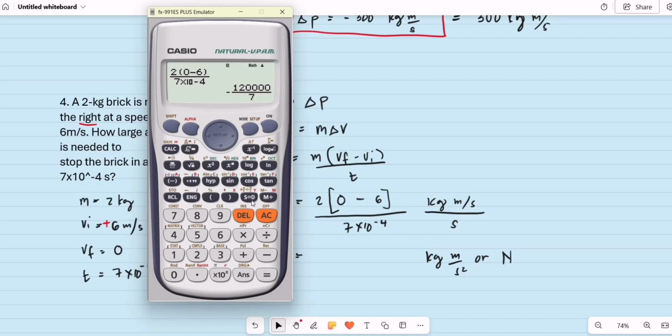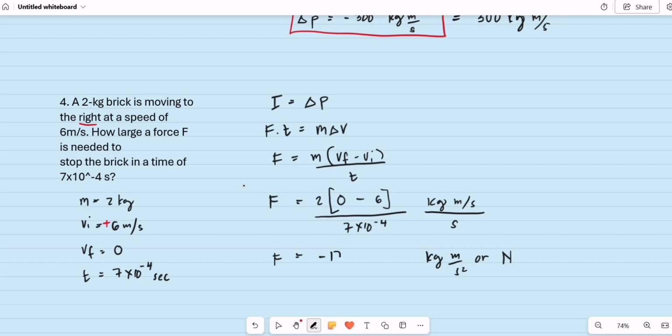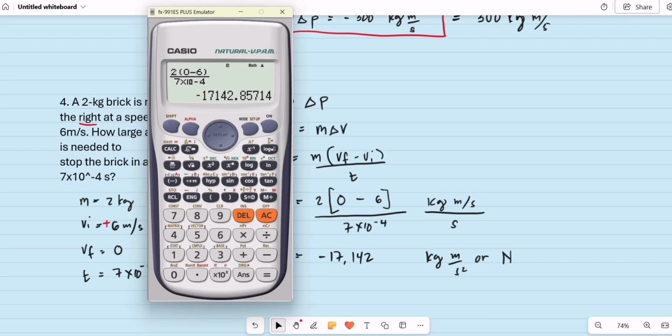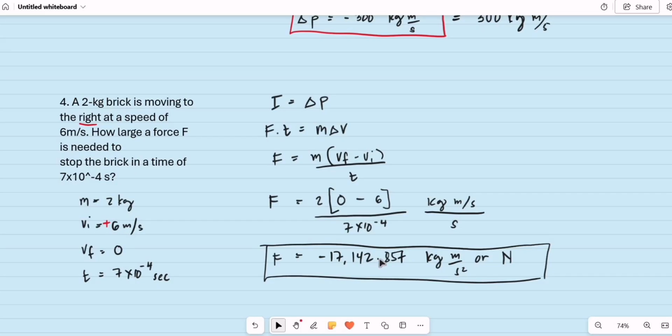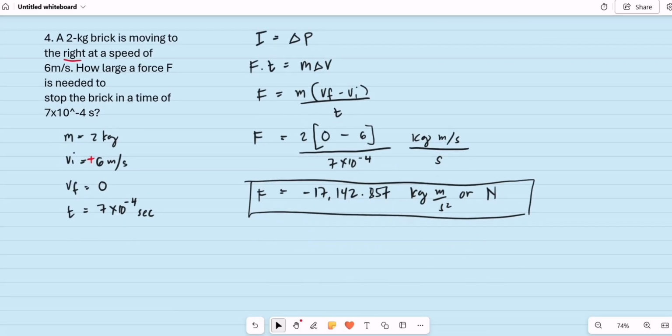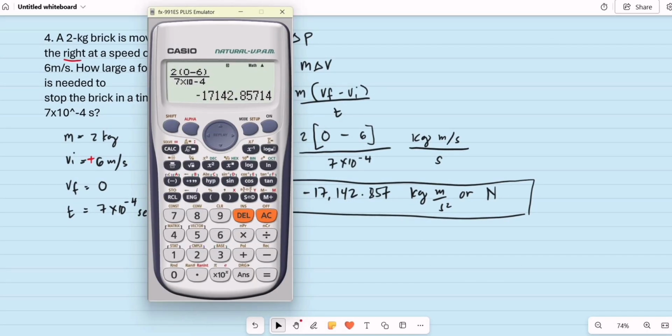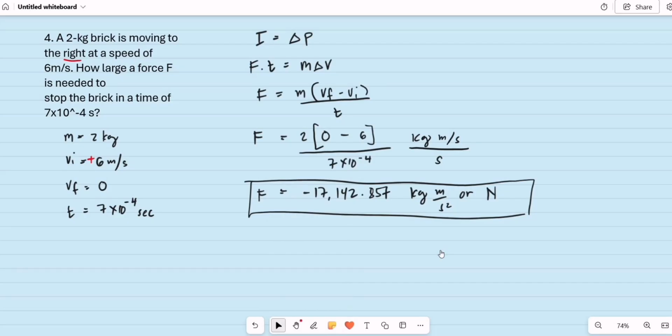So we have that as 120,000 divided by 7, or negative 17,142.857 newtons. So this will be our answer, negative 17,142.857. So what do we mean by this negative sign?